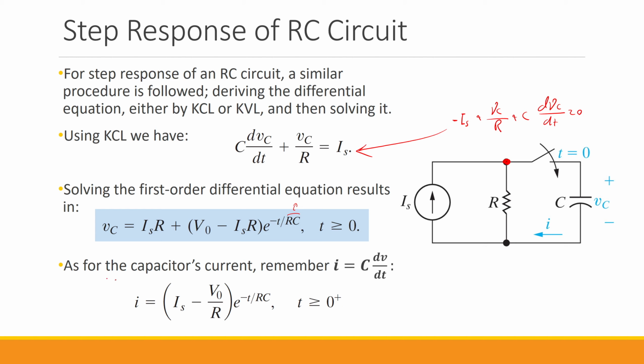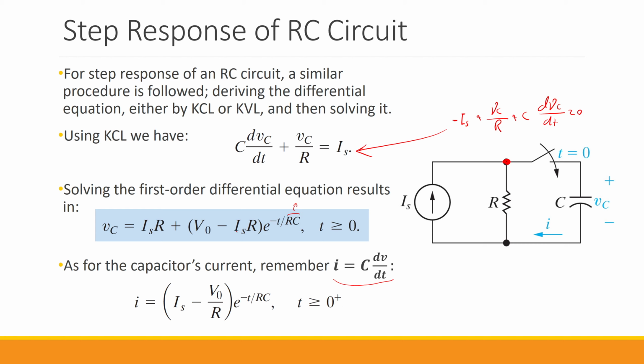To find the current of the capacitor at any given time, we can use the characteristic equation of the capacitor, in which the current of the capacitor was equal to C multiplied by the derivative of the voltage of the capacitor with respect to time.